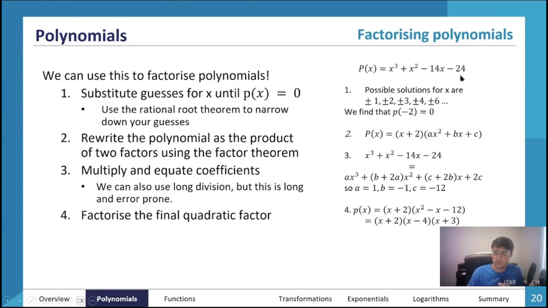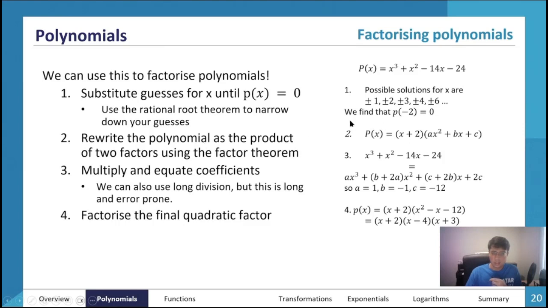So we're just looking at all the factors of 24: plus or minus 1, plus or minus 2, plus or minus 3, plus or minus 4, 6, and so on. Eventually, after a couple of guesses, substituting these values in for x, you'll find that negative 2 is the value of x for which this polynomial is equal to 0. So p of negative 2 is equal to 0.